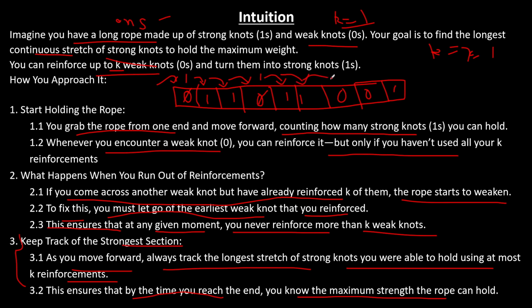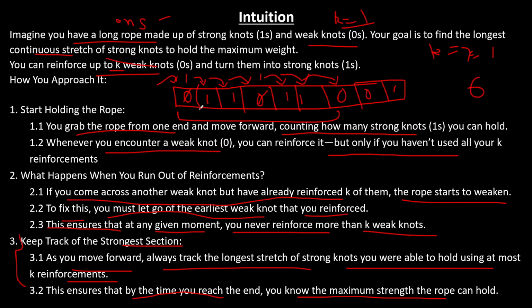Okay. Now again, when he comes here, he sees that I have used all of my k knots and I cannot use it anymore. But till here, from the start to this index, the strongest length was 3 plus 3, 6. It was 6. Fine.